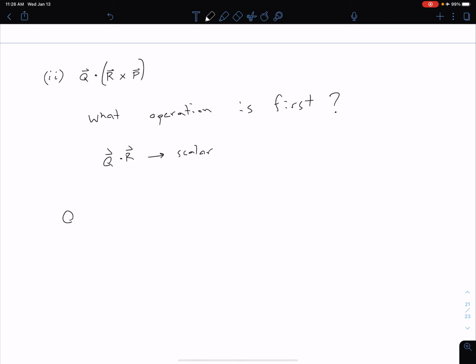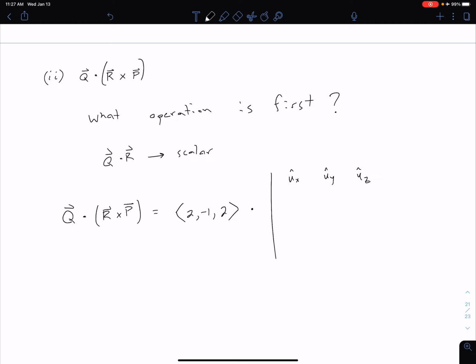Okay, so since we know that we want Q dot the quantity of R cross P, we can now write that out. So our Q vector, we had a 2 in the x direction, -1 in our y, and 2 in the z. Again, angled brackets because this is a vector. And we're going to dot this with our cross product of those two vectors R and P. So again, it's going to be a 3 by 3 determinant, ux, uy, uz in our first row.